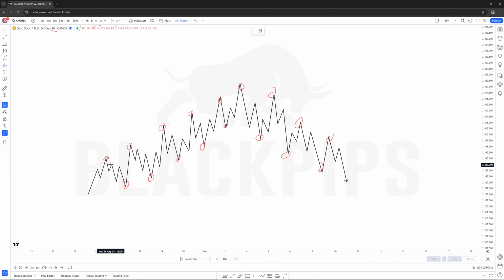Swing high, swing low, high, low, high, low. So these are the minor swing points.